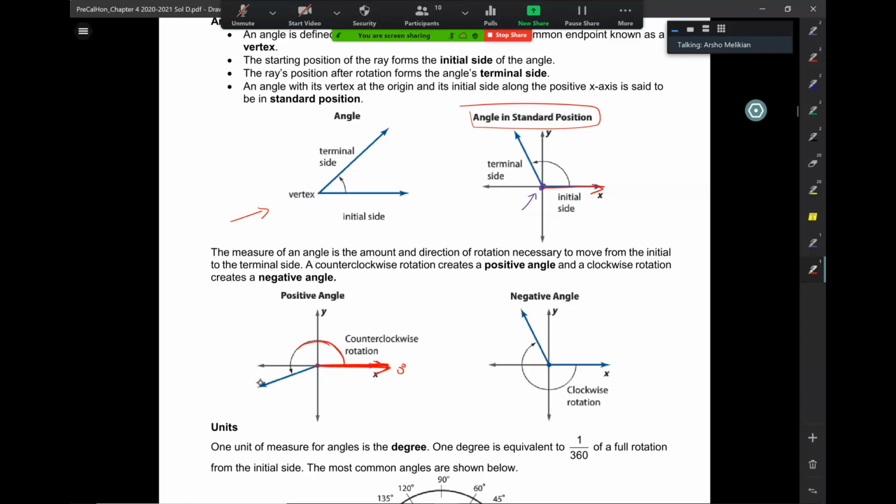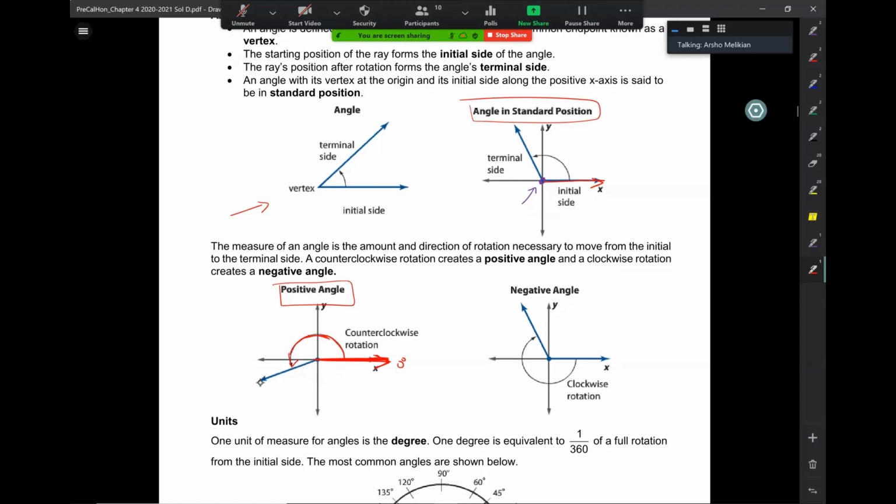So counterclockwise, against the direction of the hands of the clock, going to the left. In math and physics, that's always the positive direction, the preferred direction. So when you start rotating in the counterclockwise direction, you create a positive angle. All right. So for example, in this case, this could be an angle of, let's say, 200 degrees.